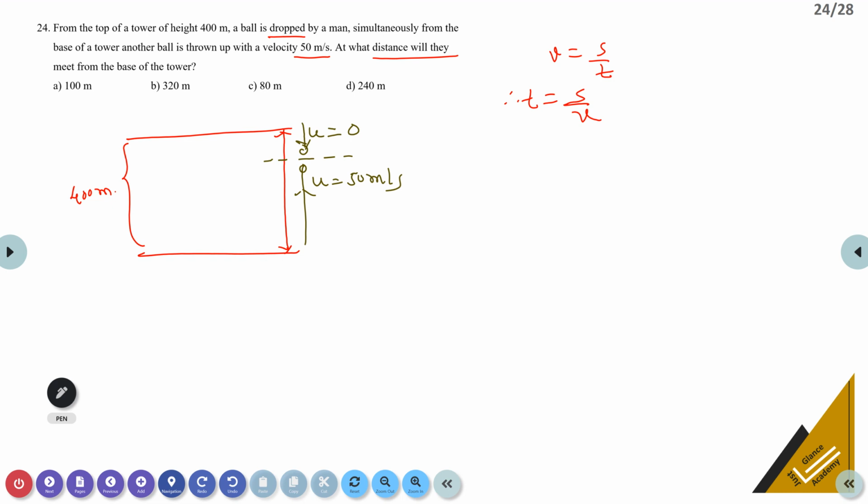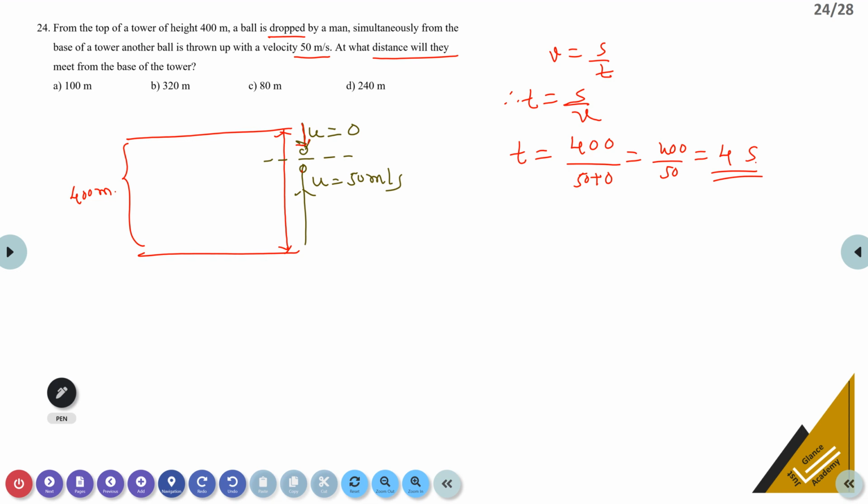Now t equal to distance, 400, because one travels like this and the other like this, total distance is 400. When both are moving in opposite directions, I said you should add the velocities. It is 50 plus 0. So 400 by 50 equal to 4 seconds. Both will meet after 4 seconds.